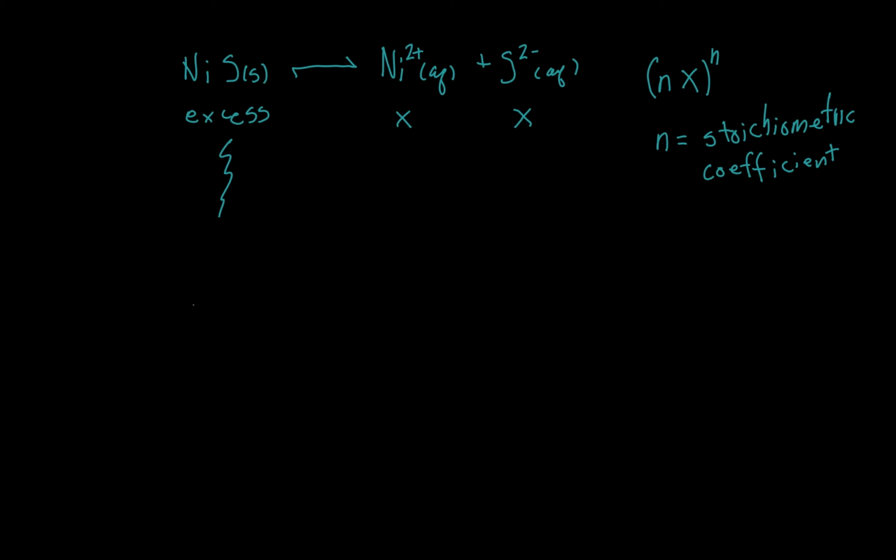So when we go down to calculate KSP, our solubility constant is going to be the product of the products over the reactants, and we don't write the reactant at all because it's solid, so we end up with x squared here. And so we take the molar solubility that we were given, and that is going to be x here.